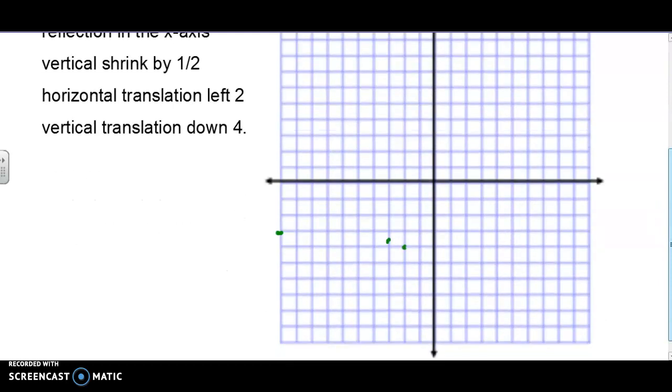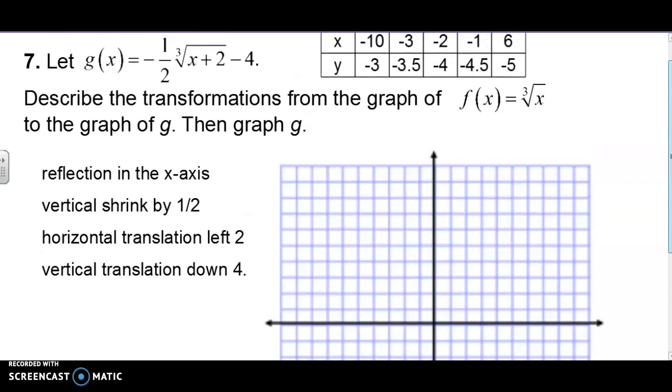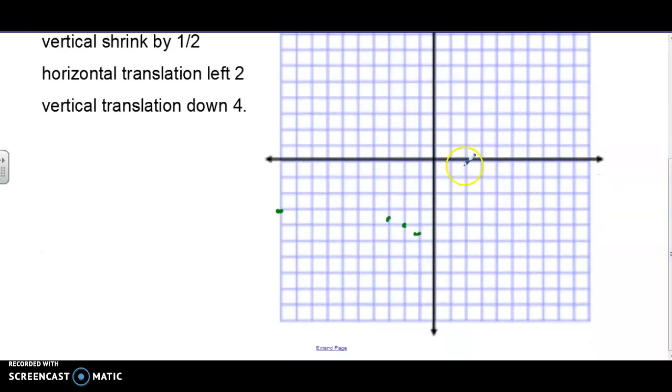Negative 1, negative 4.5. And 6, negative 5. So I'll just graph this with a nice smooth curve as best as possible. And there's my graph.